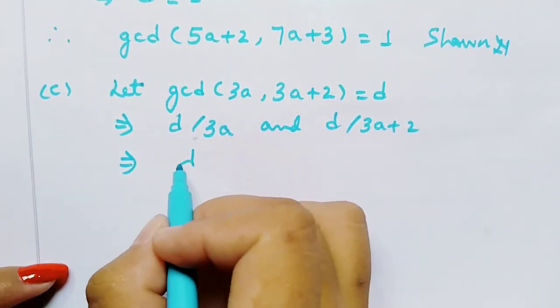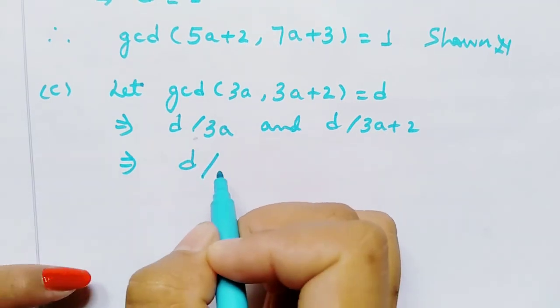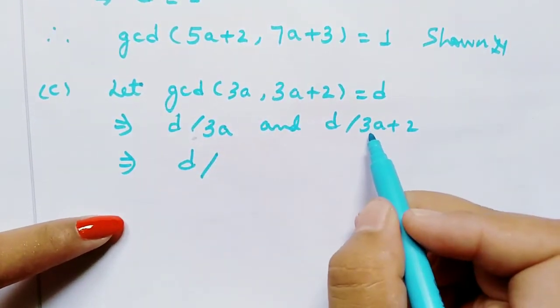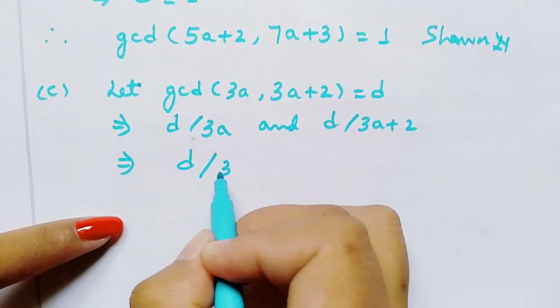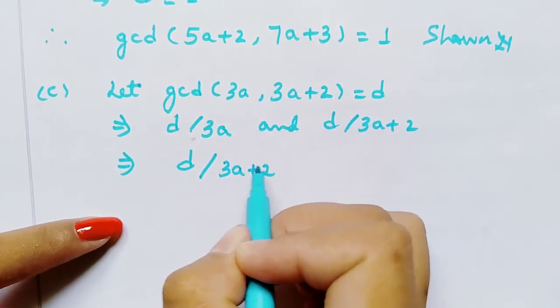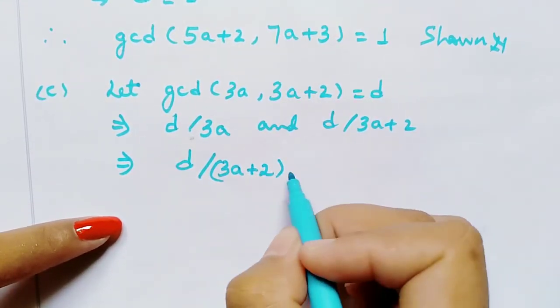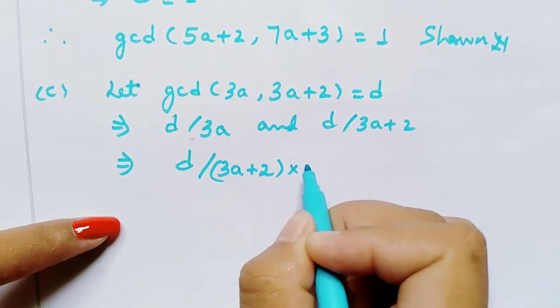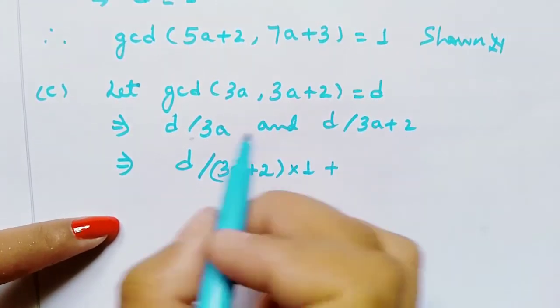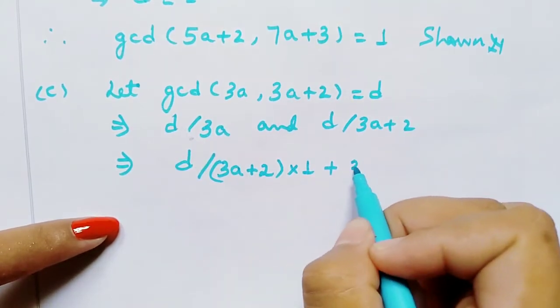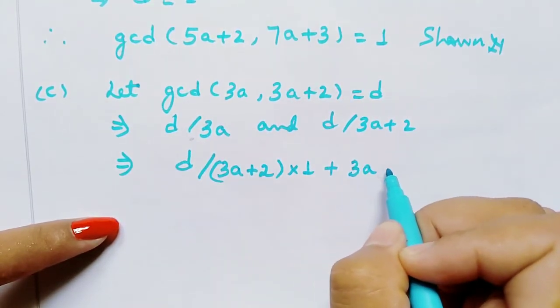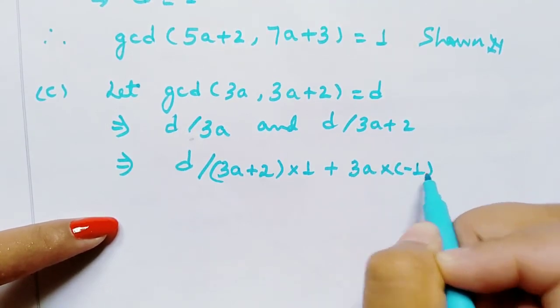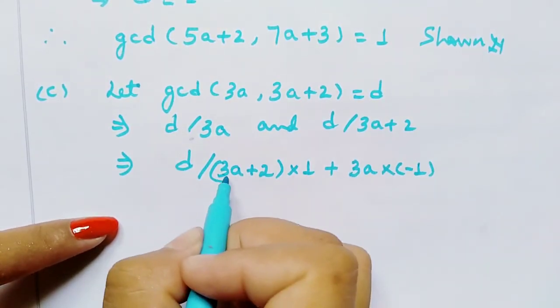Again, now D divides, here you can assume that this is your A. Multiply with some value of X, say it is 1. And then here you assume that this one is B, and then multiply with Y. You have to multiply with minus 1, so that minus 3a gets cancelled with 3a.